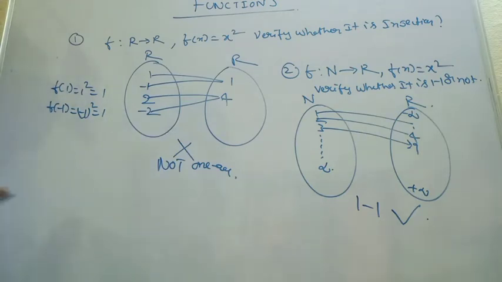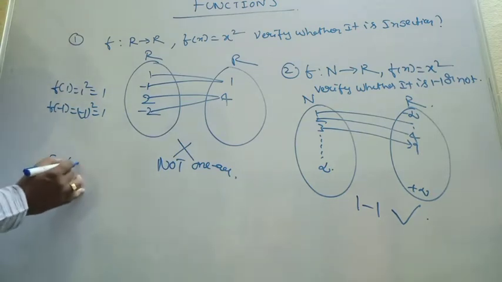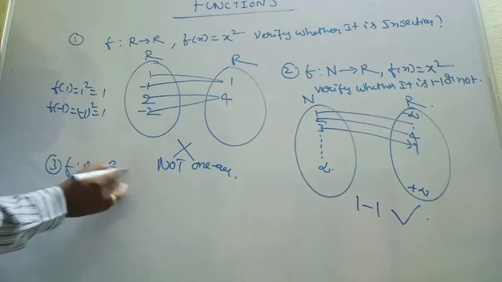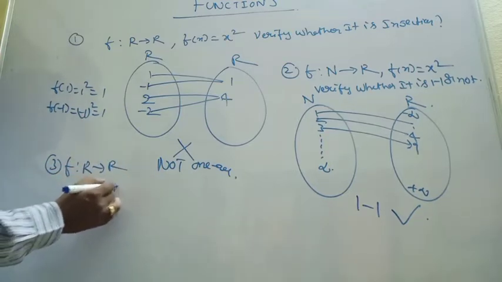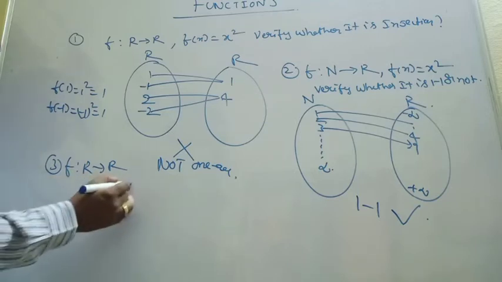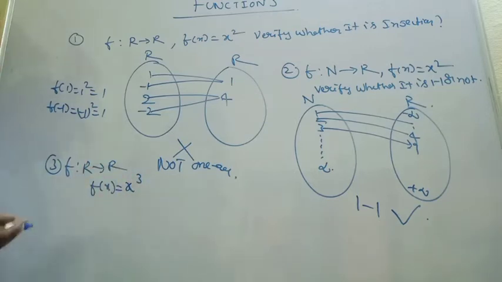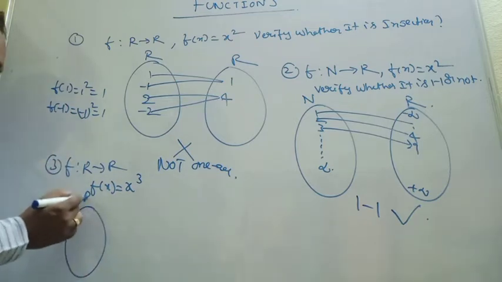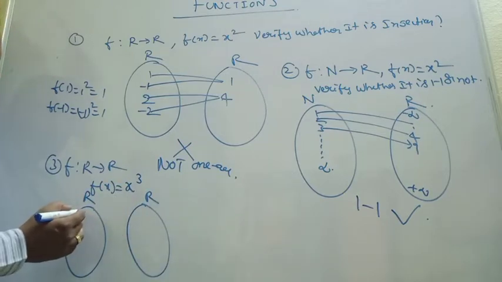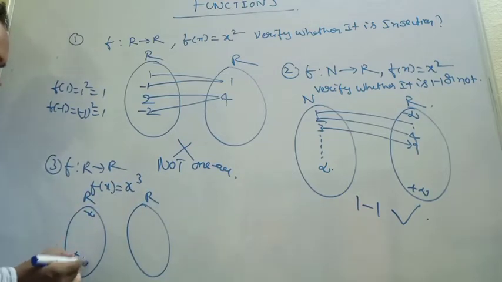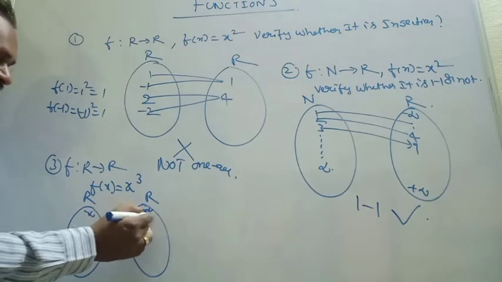Next, one more example we are going to discuss. For example, f is a function from real numbers to real numbers, and f of x is equal to x cube. What about this? Is it a 1 function or not? Now, this is real numbers, from minus infinity to plus infinity, and this is also from minus infinity to plus infinity.